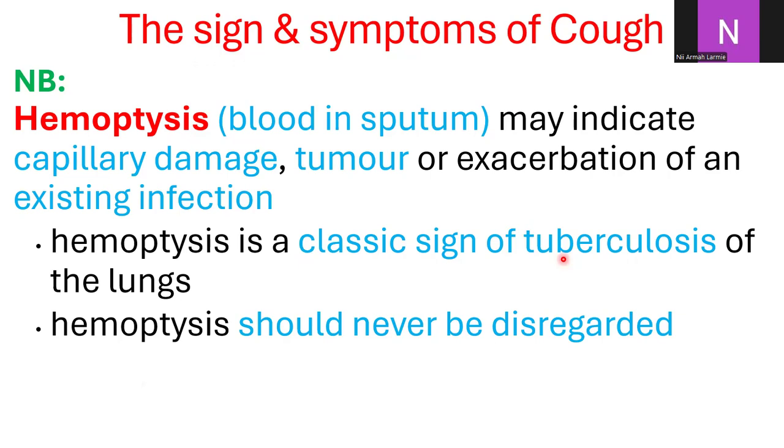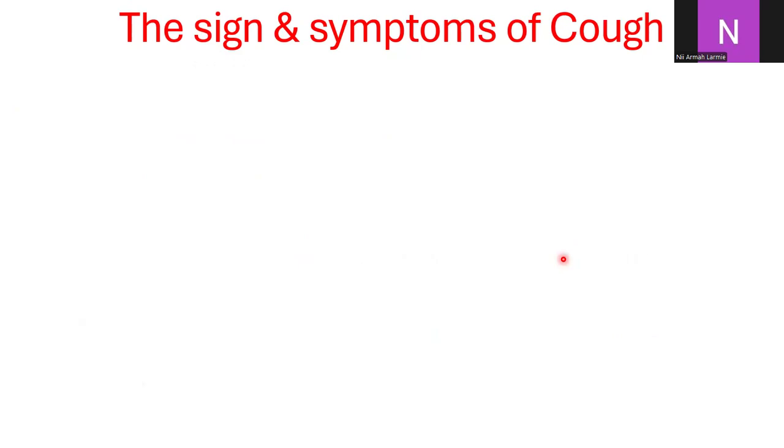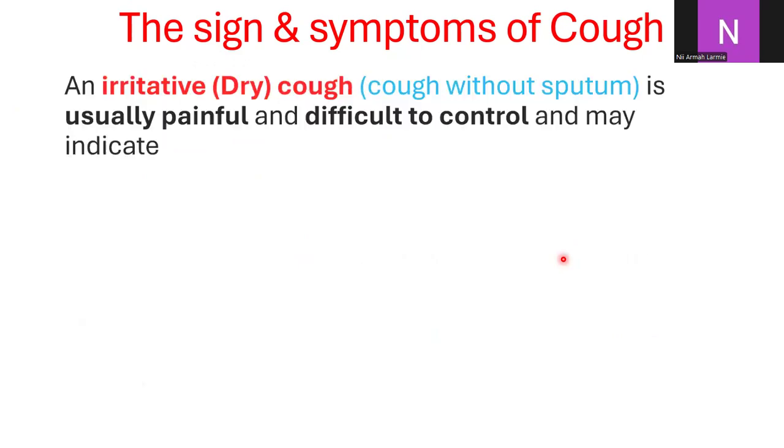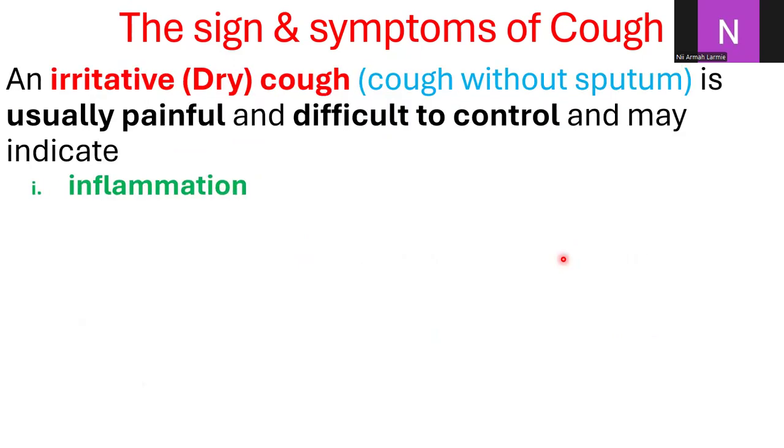Never disregard the sign of blood in sputum. Once you see it, there's the need to ascertain why you are seeing the blood and take remedies that are necessary or that are important. Don't play with hemoptysis.